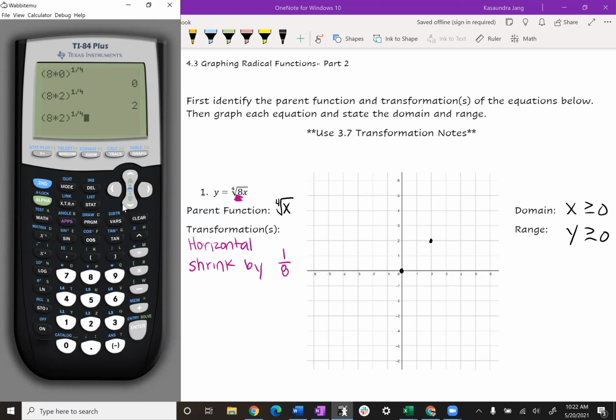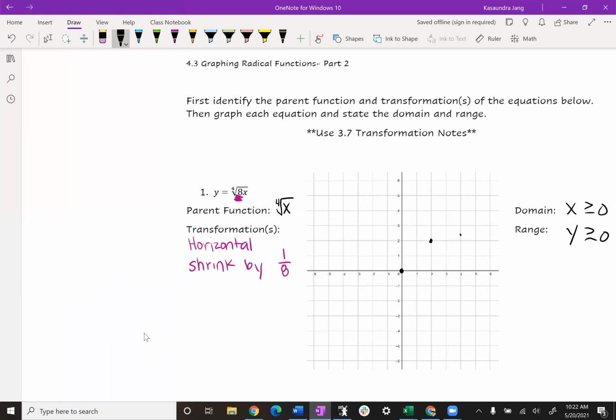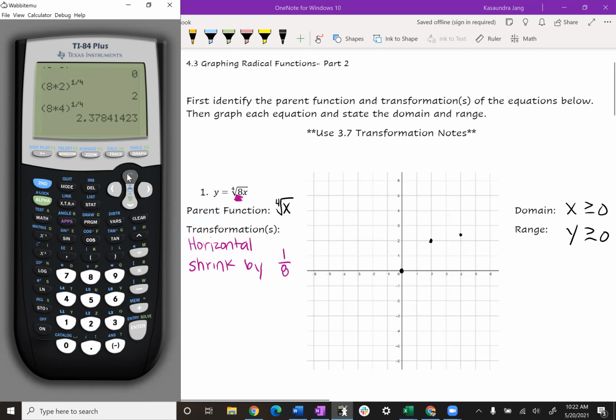Let's see, am I going to get a pretty whole number if I plug in the next even, if I plug in a 4? Let's see. Okay, not such a pretty whole number. It's a little over 2. When I plugged in my 4, I got like a 2.37, yada, yada, like 2.4, about there. Okay, should I try 6? Let's see if this works. I'm choosing even numbers.